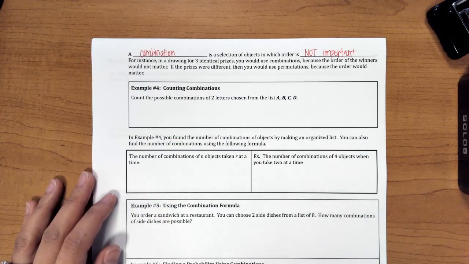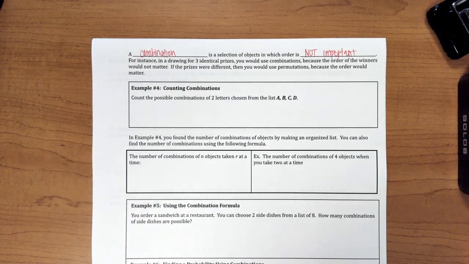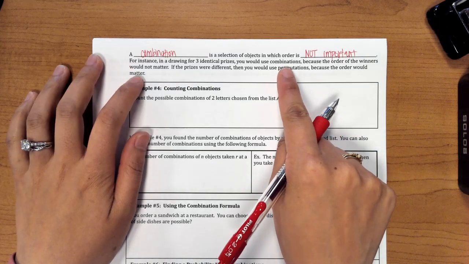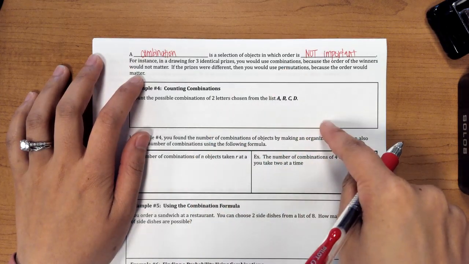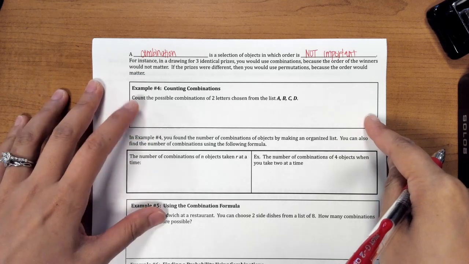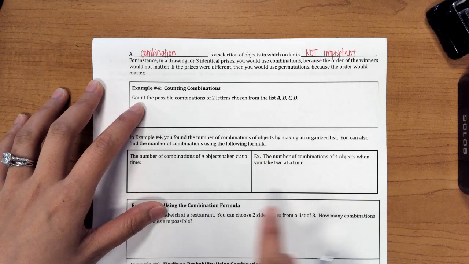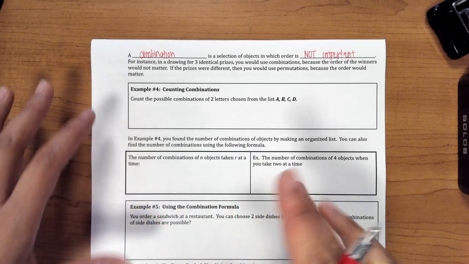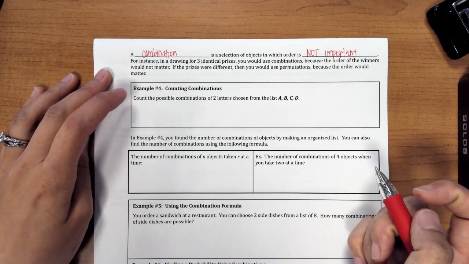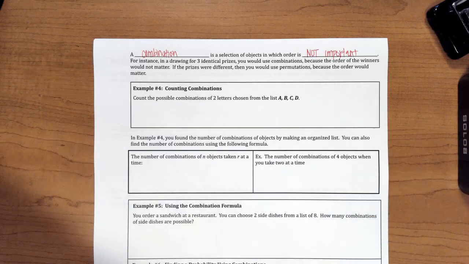For instance, if we're drawing 3 prizes that are exactly the same, you would use combinations because getting the first prize is not different than the second prize or the third prize. Okay. So the word you're looking for is combination, or the scenario has to happen where the order doesn't matter.